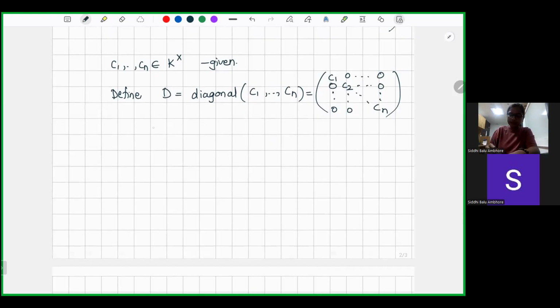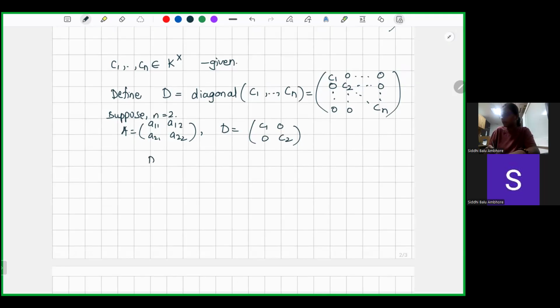We'll see what this D does when I multiply it with matrix A. Let us do it with 2 cross 2. Suppose A is the matrix A11, A12, A21, A22, and D is, with n equal to 2 just to understand, the matrix C1, 0, 0, C2.